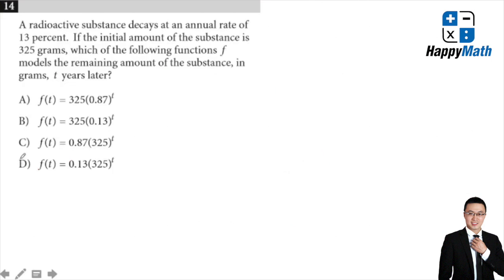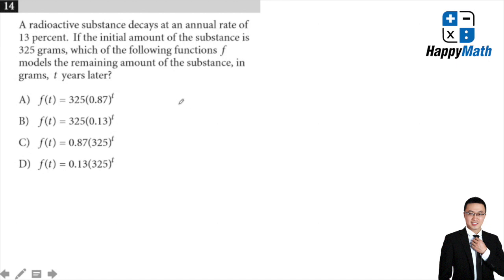A radioactive substance decays at an annual rate. Annual rate means it happens year by year, at a rate of 30%, and the initial amount of the substance is given in the first one. It means the original mass, which is the following function as a model for the system in t years later.